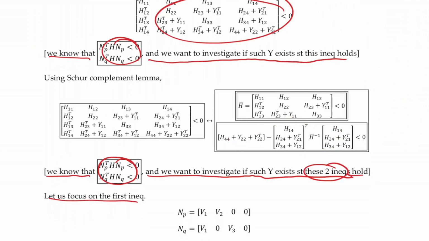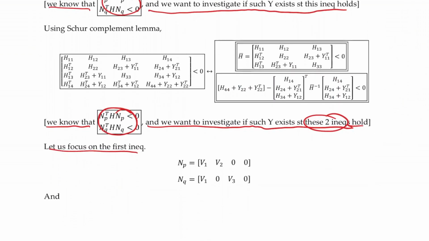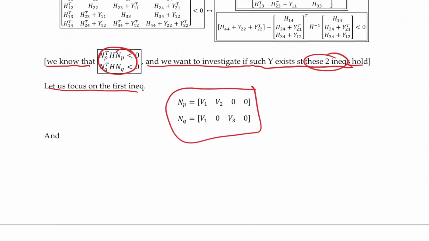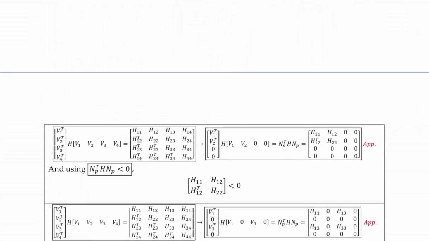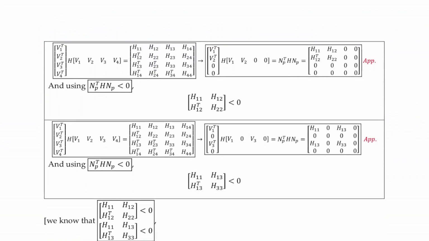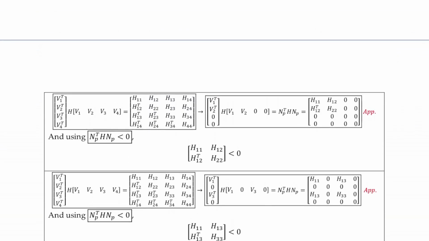All right, so let's state NP and NQ, meaning right orthogonal complements of P and Q respectively. They can be given in terms of the entries of the V matrix that we used a moment earlier. This is V transpose H V, the H matrix transformed by the V matrix.